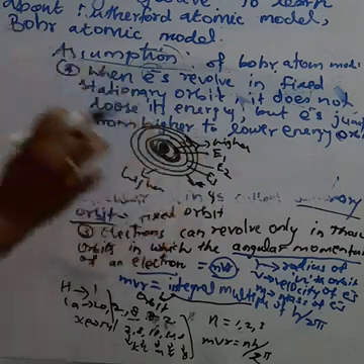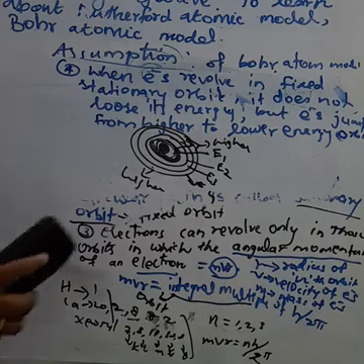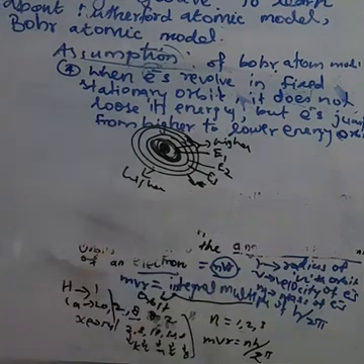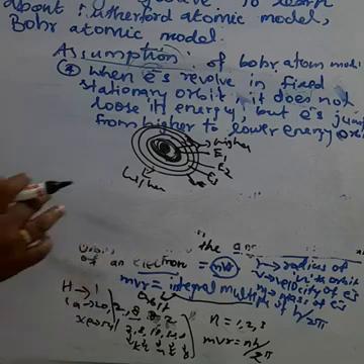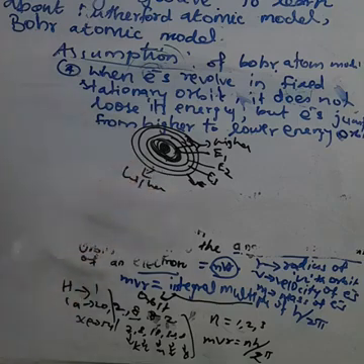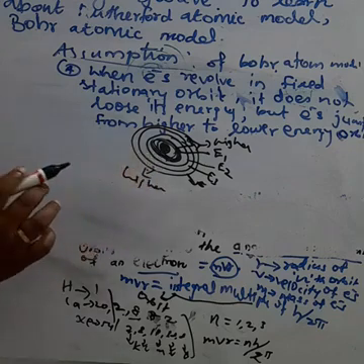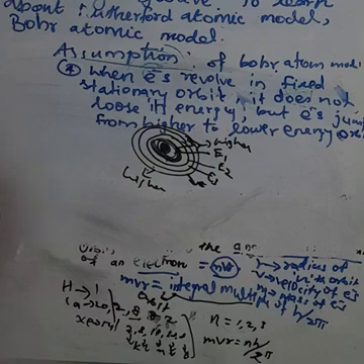So when electrons revolve in a fixed circular orbit, they do not lose energy, but when electrons jump from higher to lower, they do. Suppose we give any external energy, it can jump from lower to higher and higher to lower. When an electron jumps from a higher energy state to a lower energy state, E2 minus E1 is equal to h nu.